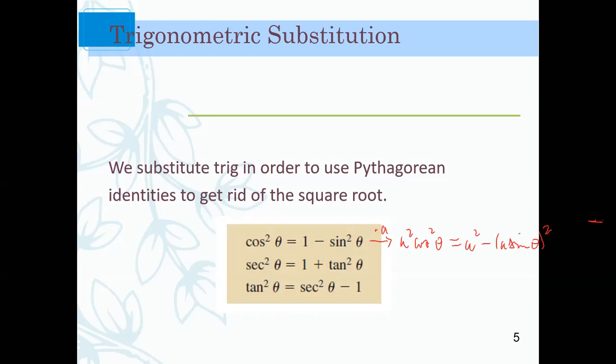And if I wanted this to be a squared minus u squared, then it's apparent that u would have to be equal to a sine of theta, yes? That would be the substitution you would make. Du would be a cosine of theta d theta, and we would be off to the races, yeah? Okay, any questions on that before we move on to some examples? Any questions on that?